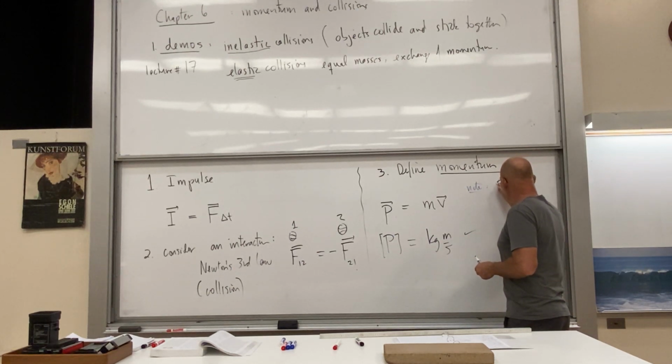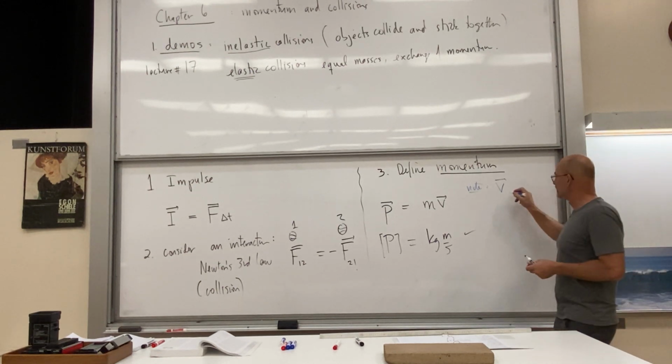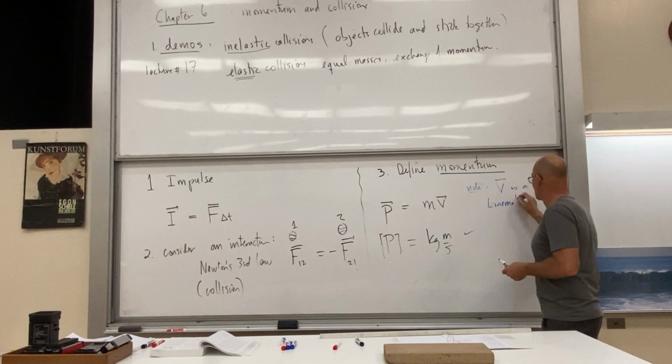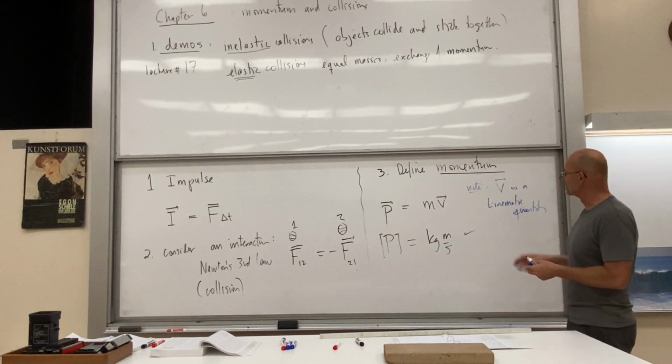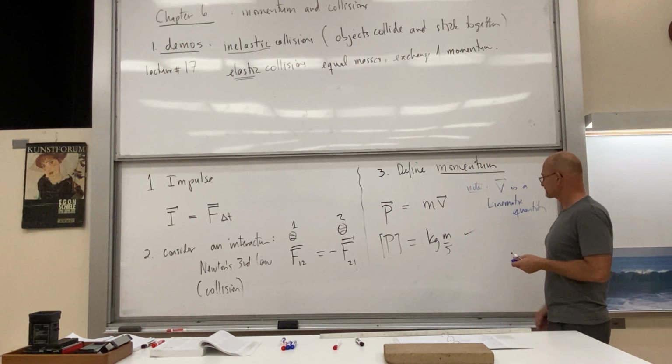If you're talking about purely kinematics, then you'd say v is just a kinematic quantity. Right, we had our kinematic equations, you know, we have accelerations, velocities, positions, and so forth.